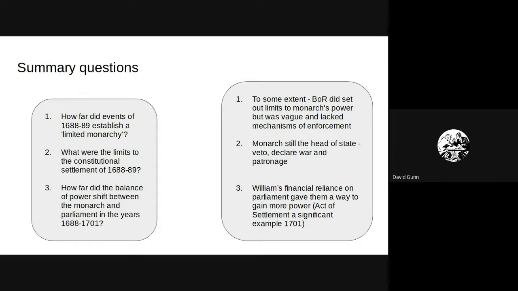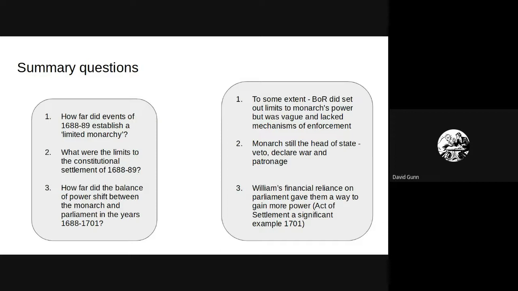So how far did the events of 88 and 89 establish a limited monarchy? I've said to some extent they did. The Bill of Rights did set out limits to the monarch's power, but it was vague and it lacked mechanisms of enforcement. As I said before, it said there should be free and regular elections, but it didn't define what free is, it didn't define what regular was, and it didn't say what would happen if the monarch didn't do those things.